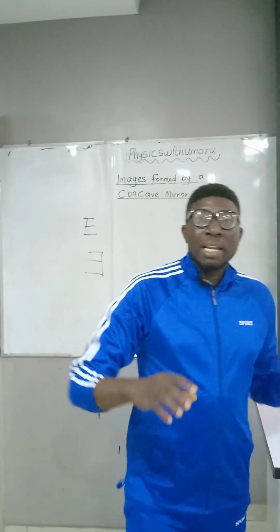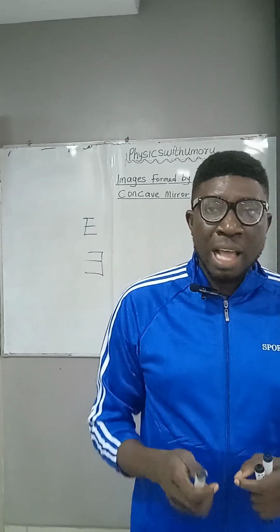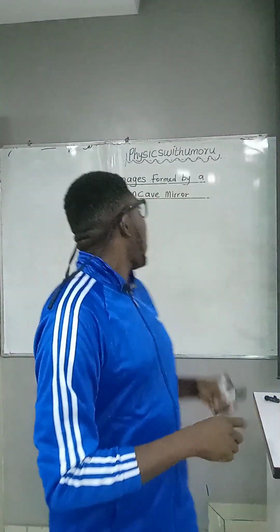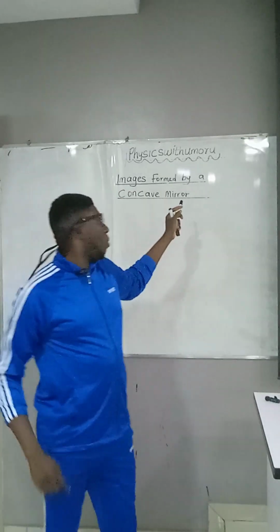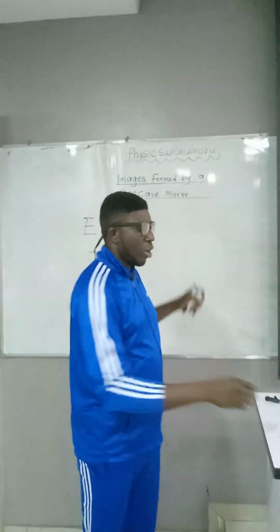So before we look at the properties, we are going to be considering the distance of the object from the mirror. Before we look at these properties, I would like us to look at the parts of a curved mirror.